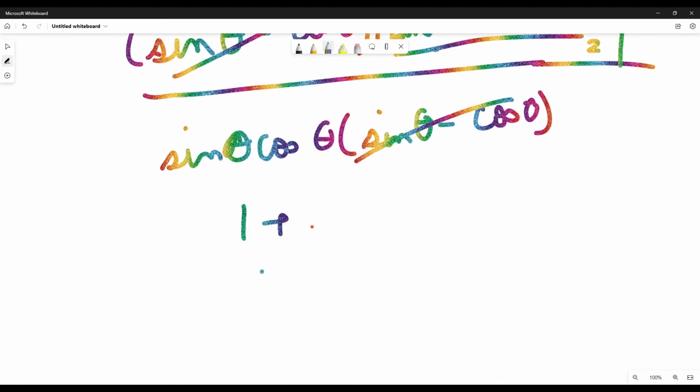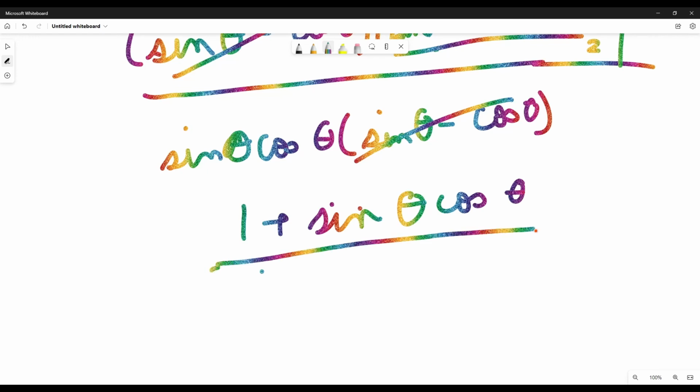So what's left is 1 plus sine theta cos theta upon sine theta cos theta.